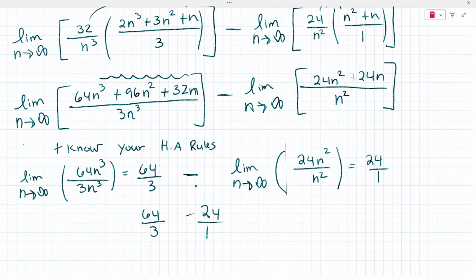And then just simplify, so your LCD is 3. 24 times 3 is 72. So 64 minus 72 is negative 8 over 3. Okay, so that is your answer for this one.